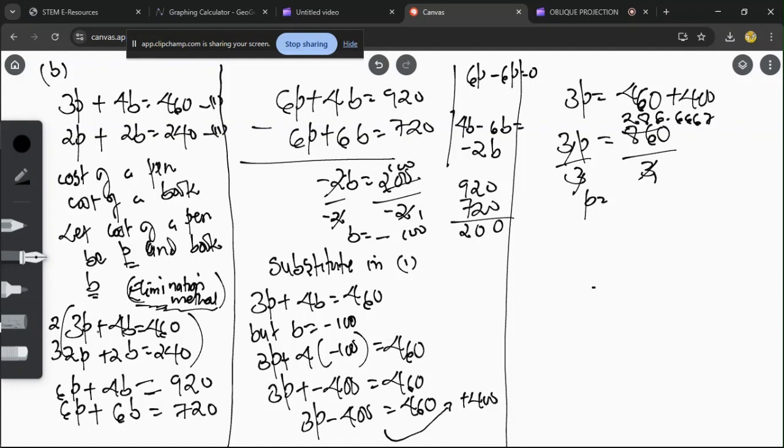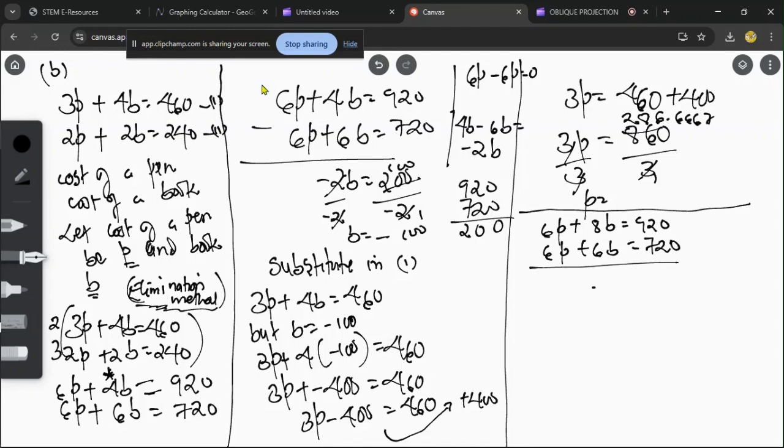So let me make a correction here. So sorry for this. Let me make a correction from this junction here, so that we have a new sum. If I open this bracket, this is where I made a mistake. So it's supposed to be 6p plus 8b is equals to 920, and 6p plus 6b is supposed to be 720.